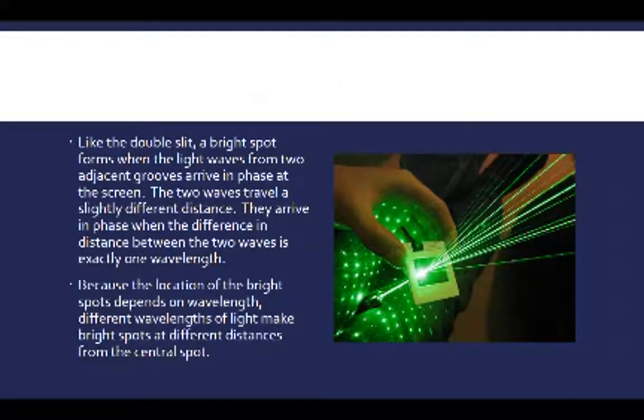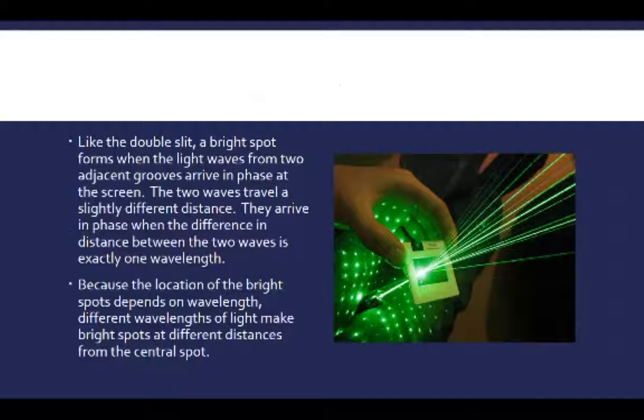Now, like the double slit experiment, a bright spot forms when the light waves from two adjacent grooves arrive in phase, and when two waves are out of phase, you get a dark spot. You'll see that it doesn't stay just bright or just dark, but you'll have interference patterns where they're a little out of phase, but not so much that it completely cancels out.